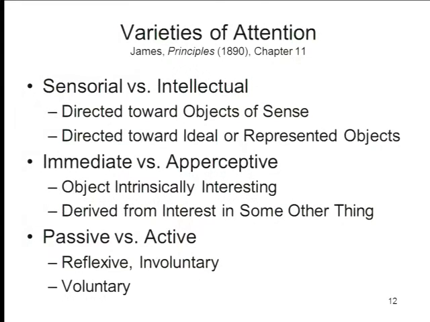So the light of the projector in the back booth or whatever. So James, by employing this kind of classification scheme, wanted us to understand that there are different kinds of attention. They're not all necessarily the same kind of thing.